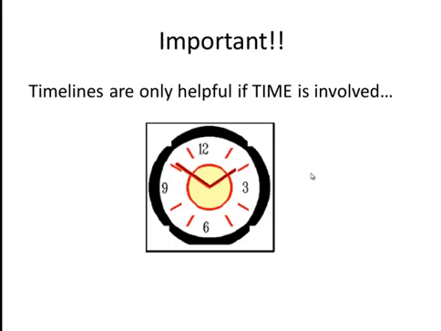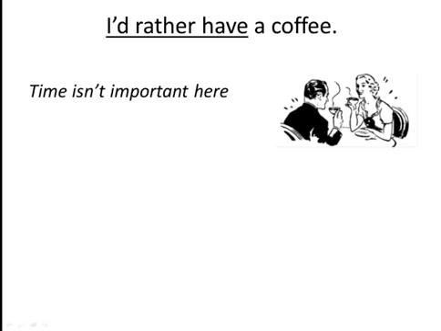Be careful. Once people discover timelines, they often apply them willy-nilly to everything. They're only helpful if time is involved, and there are lots of times when time isn't the most important part of the meaning. So let's have a look at this one, for example. Clearly here there is a time involved, but it's not the most important part of the meaning of this structure.